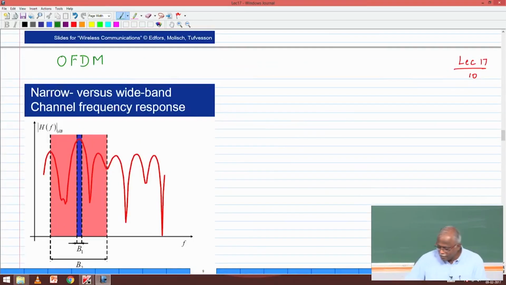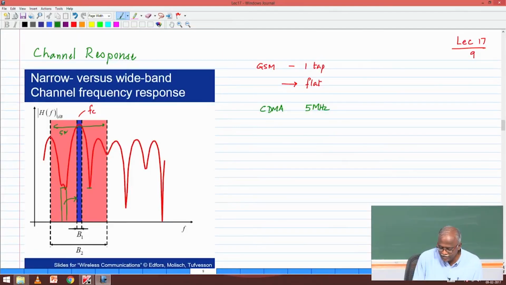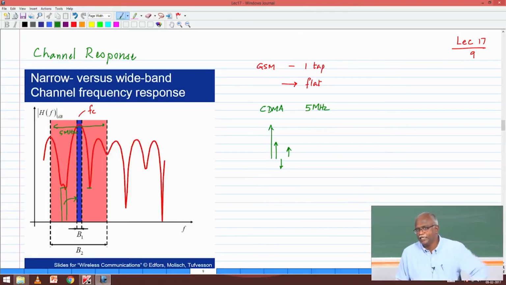This is the 5 megahertz signal, and what the CDMA signal says is, hey, it's not flat at all, there is a lot of variation. What is the variation? It says, oh, I can see several multipath components. They are sitting at slightly different delays, and they're actually arriving slightly staggered in time, and I'm able to see that.